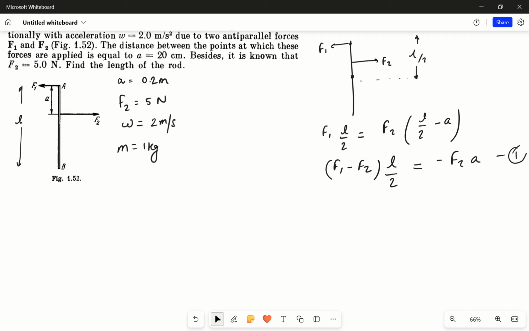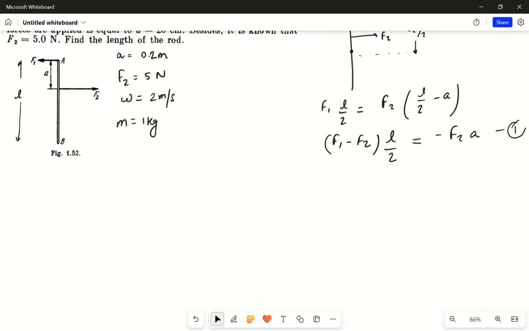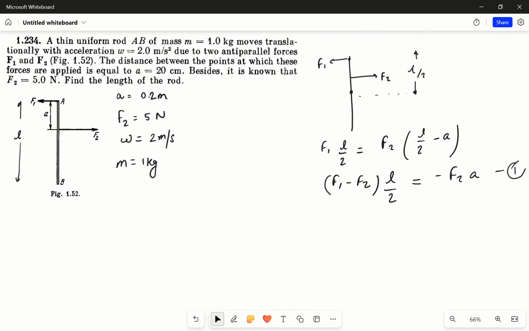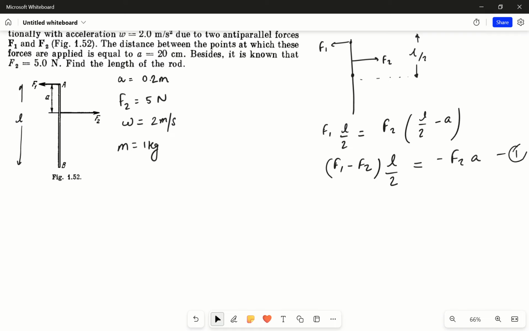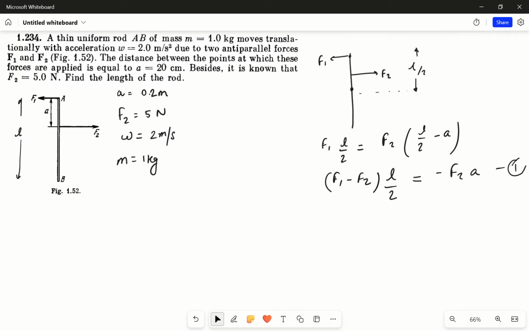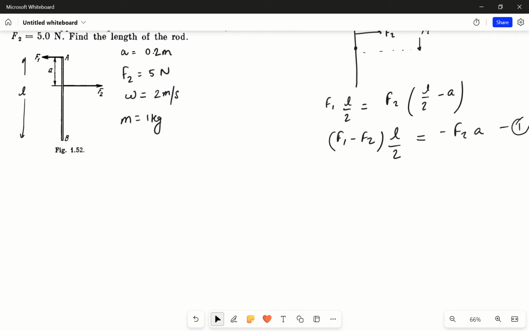Another equation we will get from writing the force equation, that is force equal to ma. So to write that equation, we can observe one thing in this: this was the rod, this was the force acting on it F1, and this was F2.